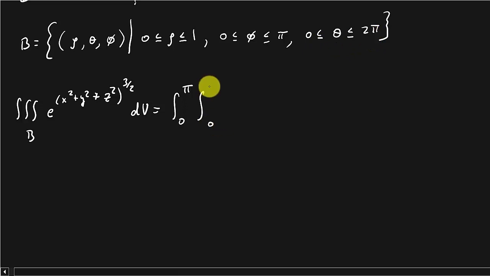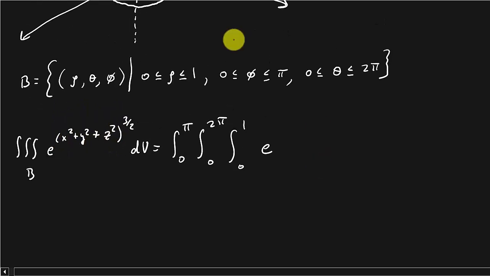So 0 to 2 pi. And then rho is 0 to 1. All right. And then that's going to be e raised to what? Well, what is x squared plus y squared plus z squared? Well, we know that rho squared is equal to x squared plus y squared plus z squared, right?